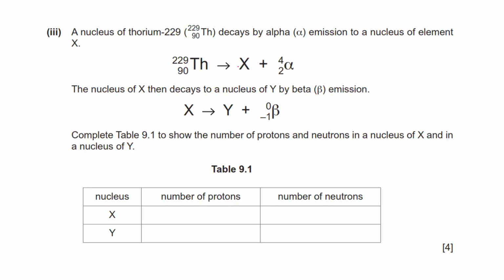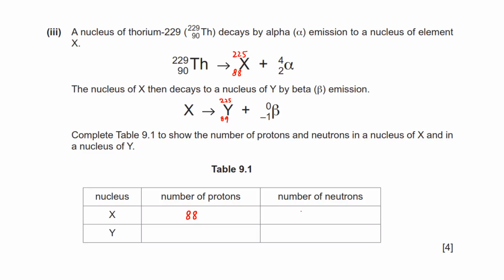So first of all, with X, 2 is gone here, so it comes out to be 88 here. And with 4 gone, it comes to 225. And for Y, with the beta emission, +1, so 225 will remain as such, and it becomes 89. So this is the number of protons for X, 88.